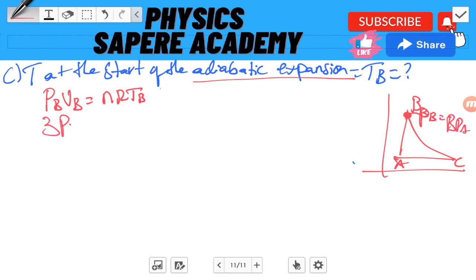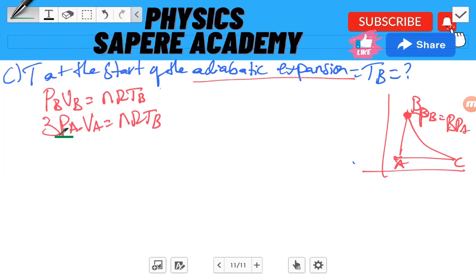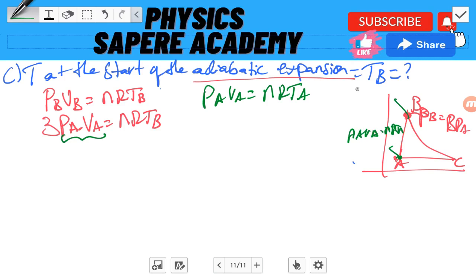We also know that VB is equal to VA, so 3 PA VA is nRTB. Now when we see this equation, we arrive at something. What is it? PAVA. Now we know that PAVA is equal to nRTA, right? Here PA times VA is nRTA, and here PB VB is equal to nRTB.